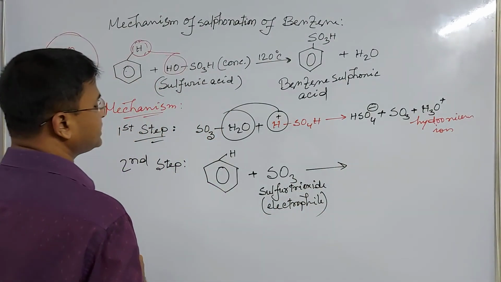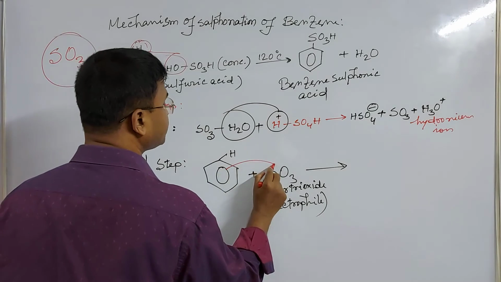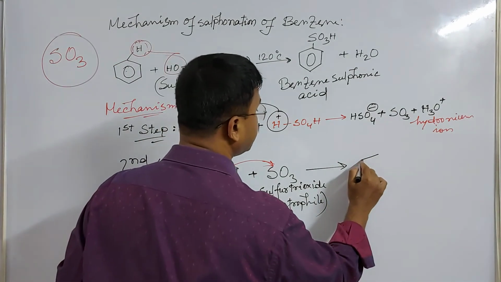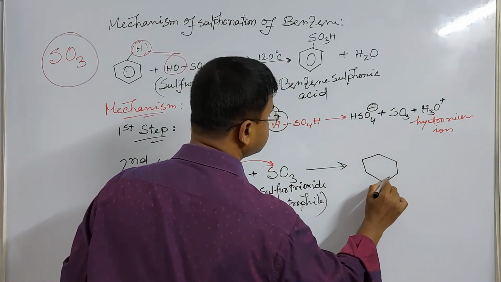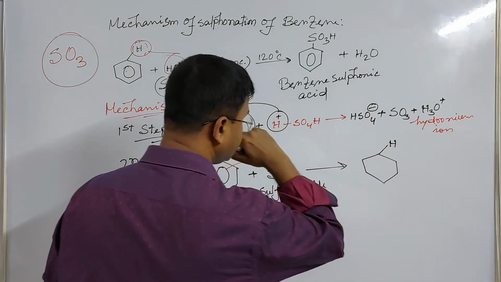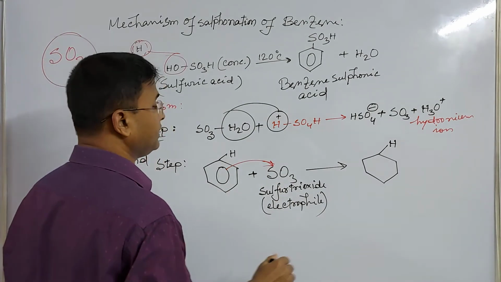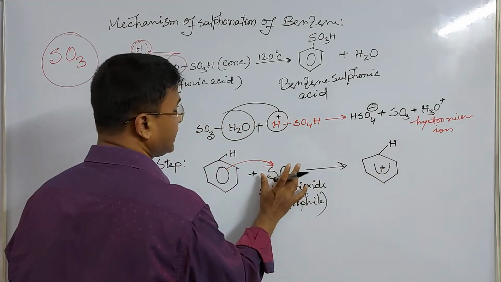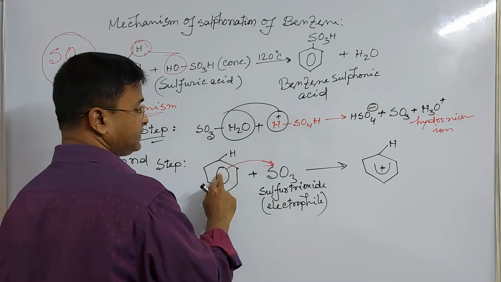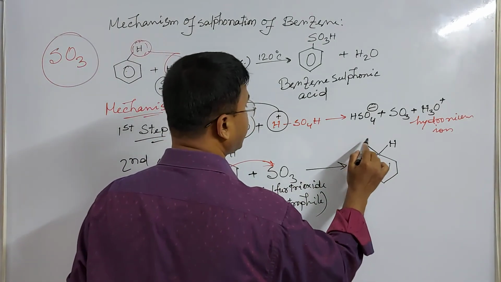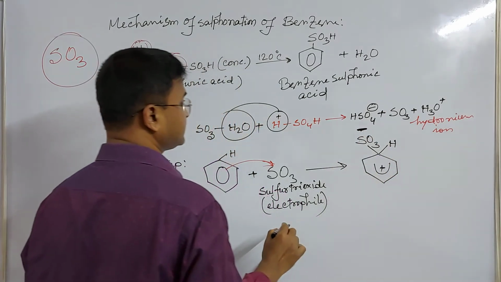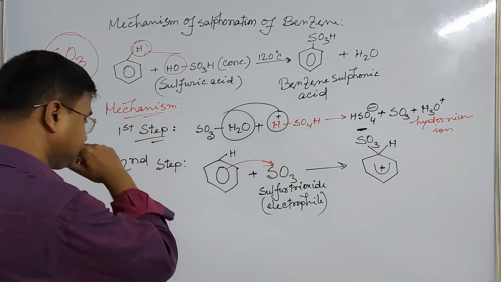And this sulfur trioxide is attached to the benzene ring by electrophilic attack, and forms an unstable carbonium ion, like the previous reaction mechanism, but there is a little bit of difference between this reaction mechanism and the previous one. As sulfur trioxide is a neutral electrophile, after receiving the pi electrons from the benzene ring, sulfur trioxide becomes negatively charged. That's why I should write here a negative charge.